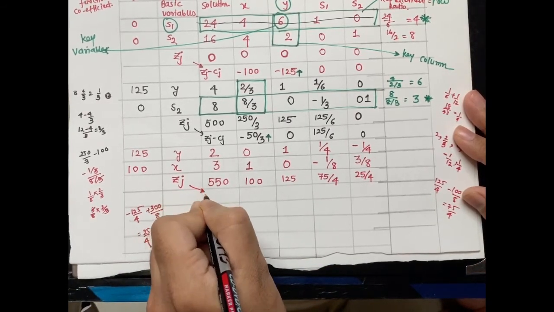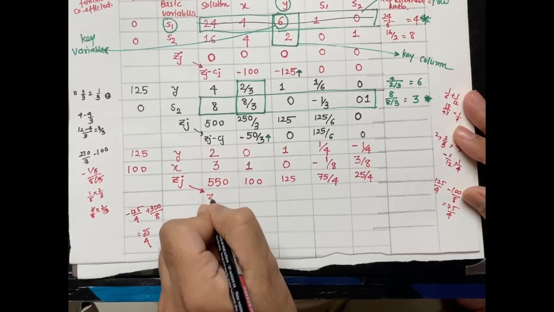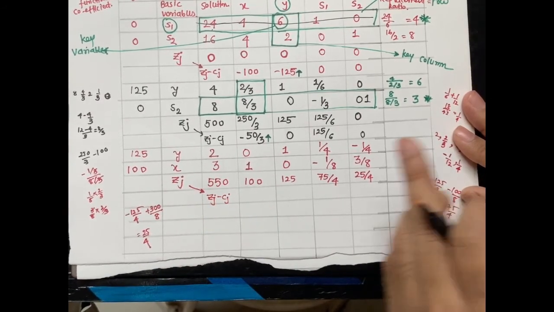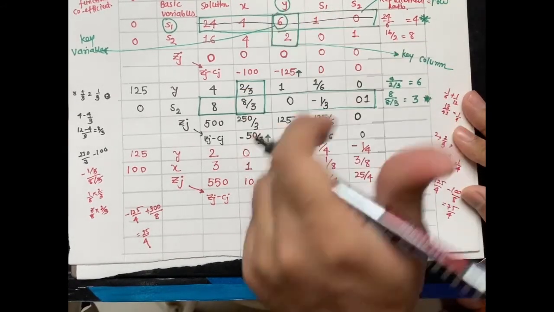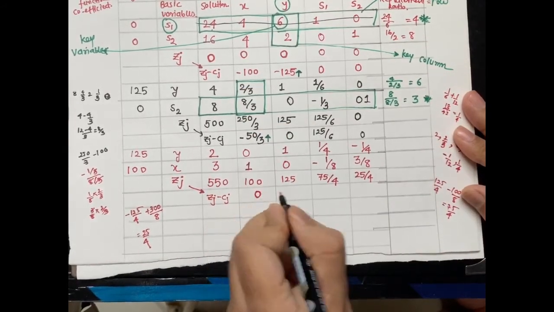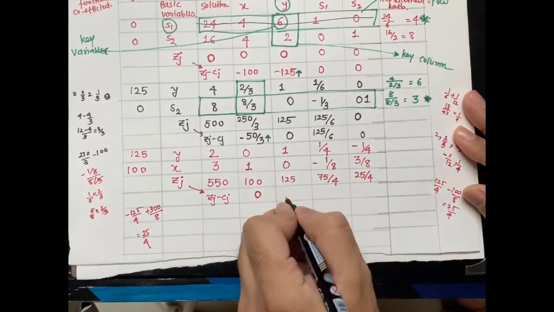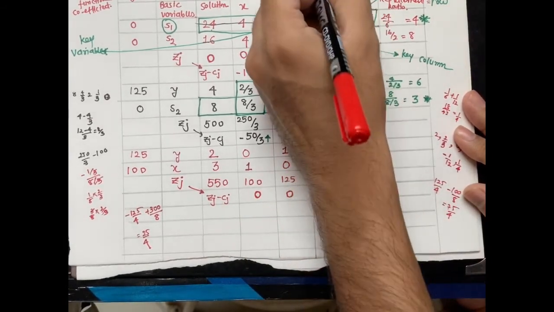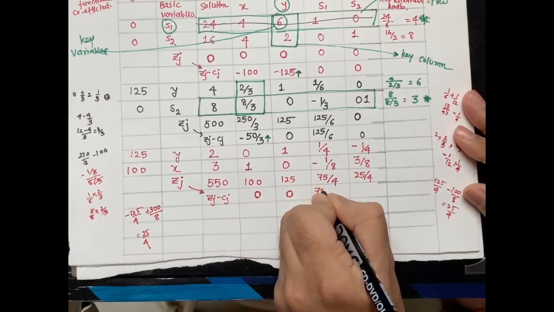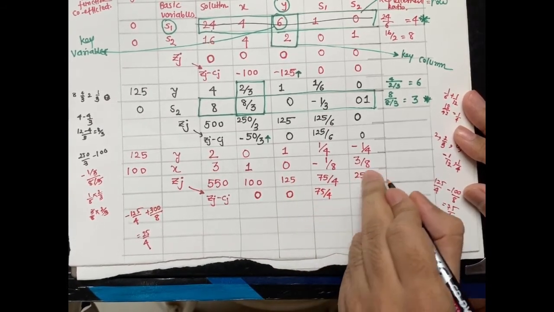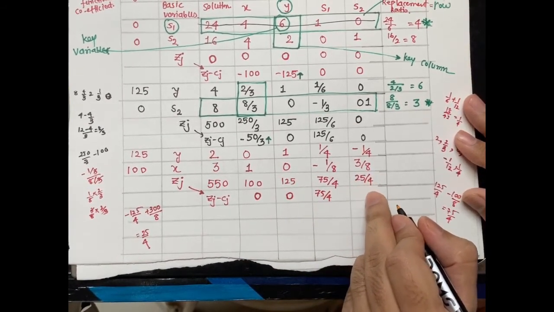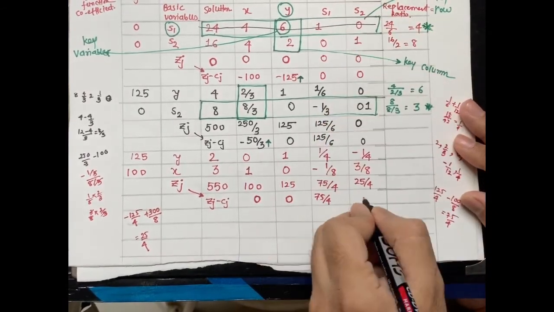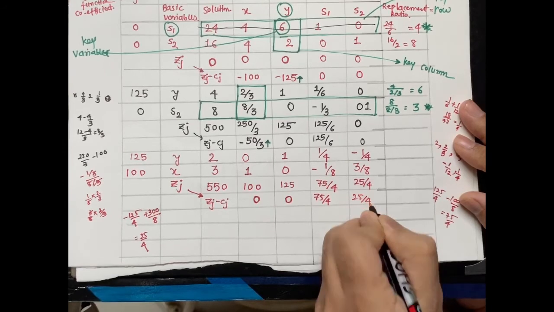After computing the value of Zj, you can compute the value of Zj minus Cj. So 100 minus 100, that is 0. 125 minus 125, that is 0. 75 by 4 minus 0, that is 75 by 4. 25 by 4 minus 0, that is 25 by 4.